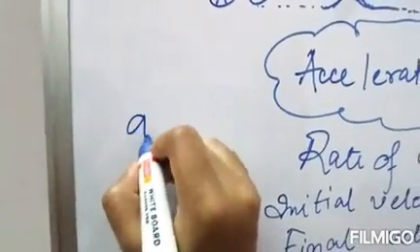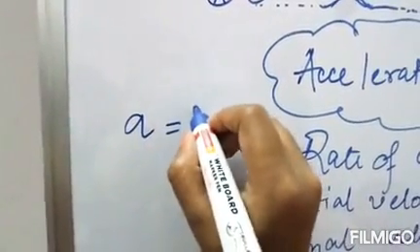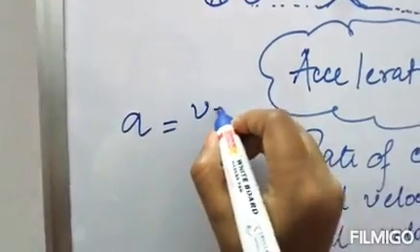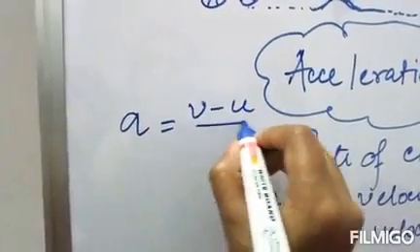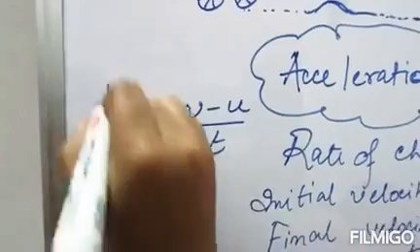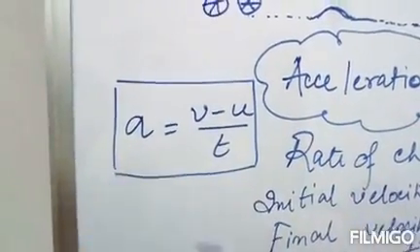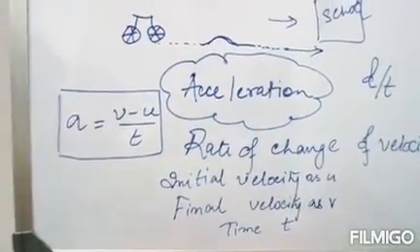If a denotes acceleration, then I may say acceleration a = (v - u) / t, final velocity minus initial velocity by time. This is the formula for finding acceleration.